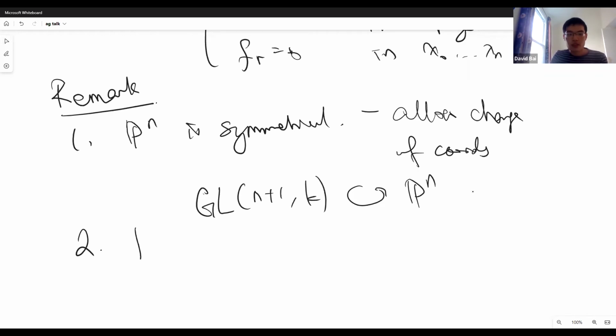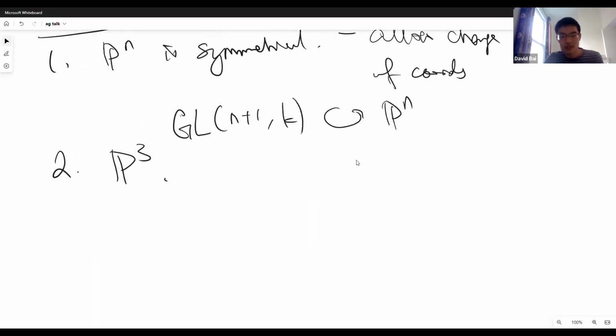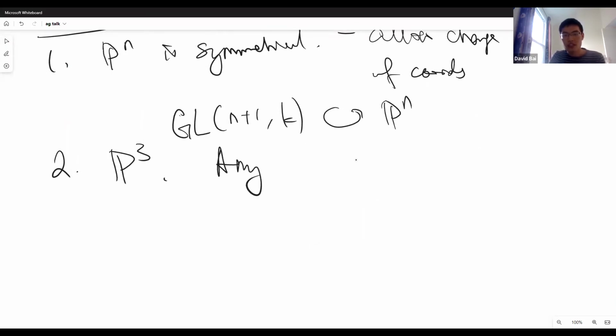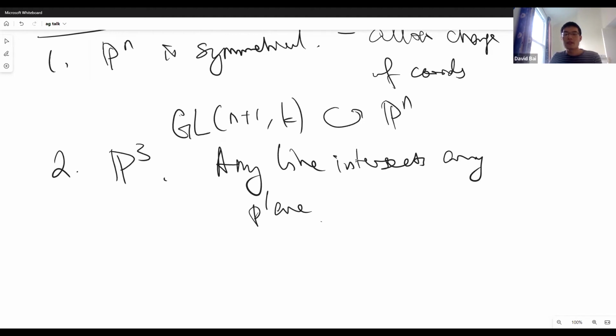The second remark is about P3, mainly because we will be interested in P3 and P2. I don't want to call it a theorem, but it's just the following statement. In P3, any line intersects any plane. A line is basically the intersection of 2 planes, and a plane is a vanishing locus of a linear homogeneous polynomial, a linear form.